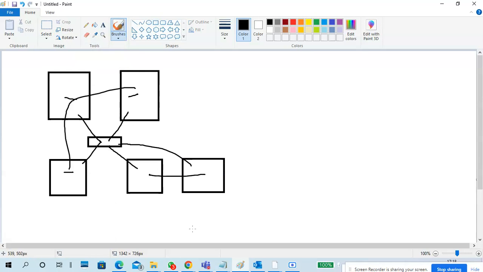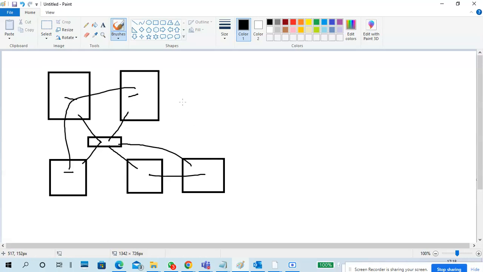So when we discuss IP addresses, we will discuss this logical part also. But again, what is the physical topology? The physical connectivity of the devices. What is a logical topology?